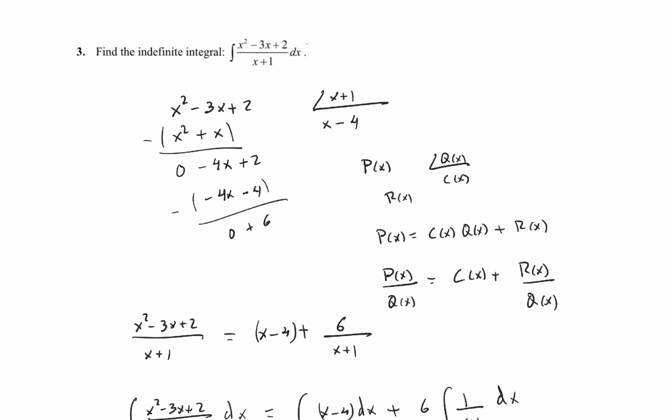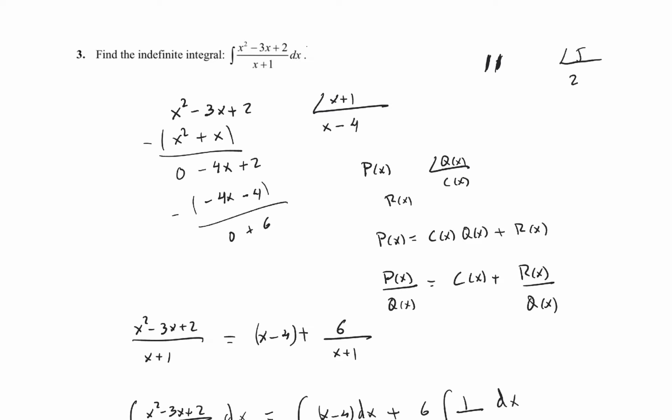So remember that when you divide 11 by 5, this is 2, and the remainder is 1. So 11 is 2 times 5 plus 1.